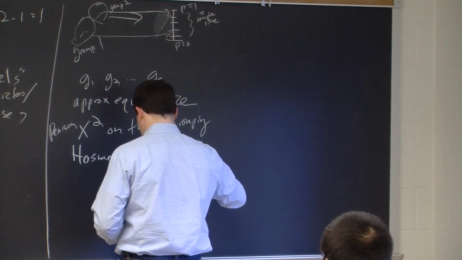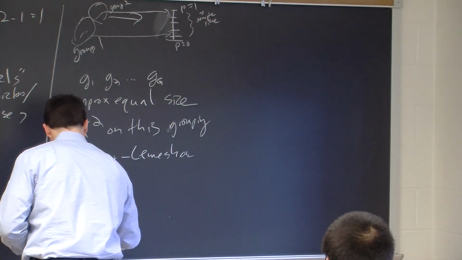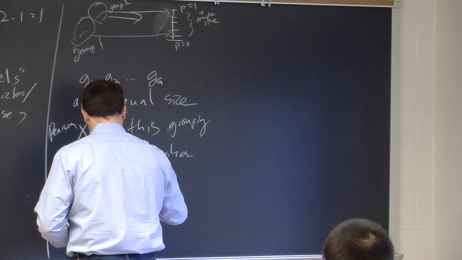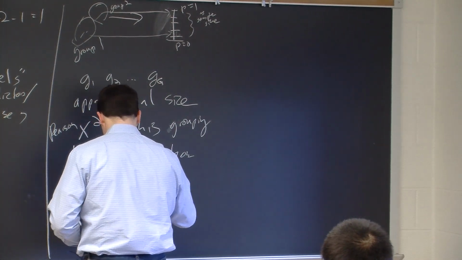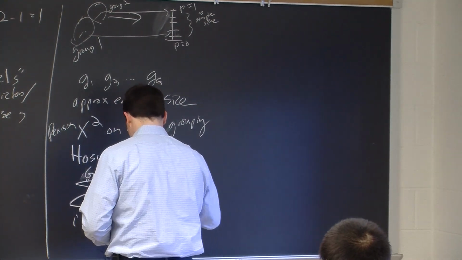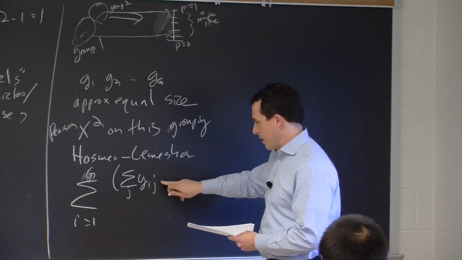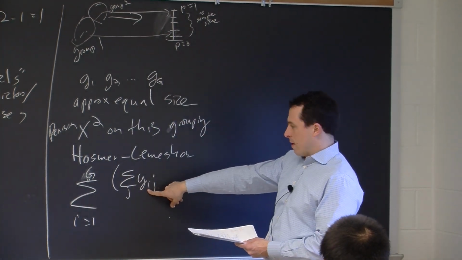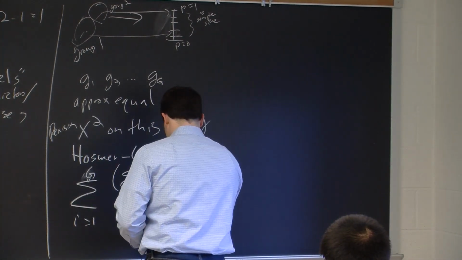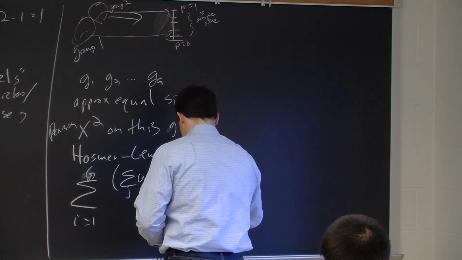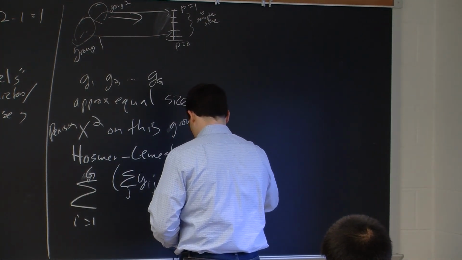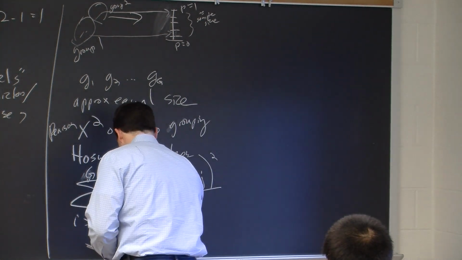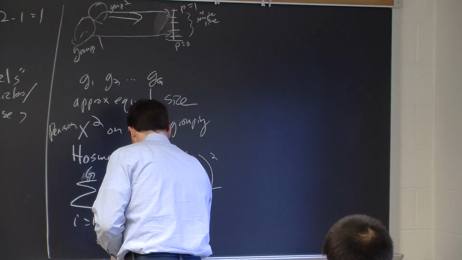The Hosmer-Lemeshow test on this is: I take a sum, i equals 1 to the number of groups, sum over observations, so i is the group and j is the observation. So y_ij is just whether the outcome was 0 or 1, and I subtract from that an estimate from the model, sum over j of p_ij.